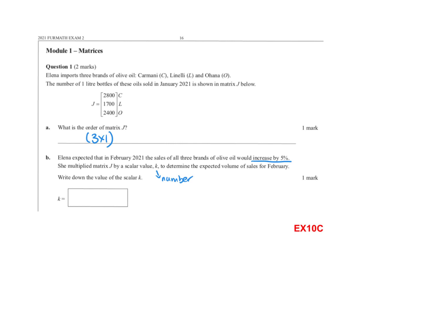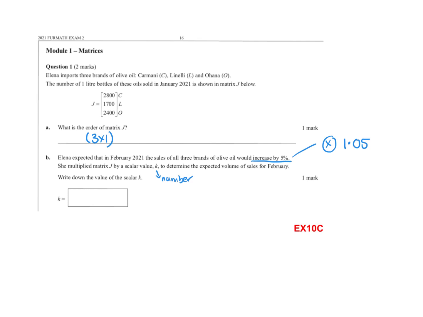So if you're going to increase something by 5%, what are you actually going to multiply by? Yeah, you're going to multiply by 1.05. So when you increase it, it's 1 plus the percentage. What happens if you decrease it? It would be?